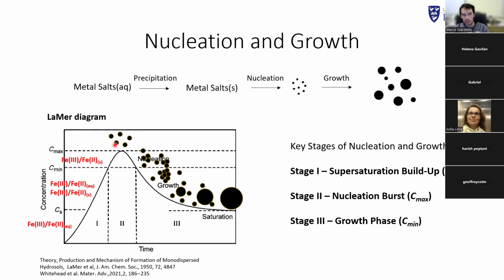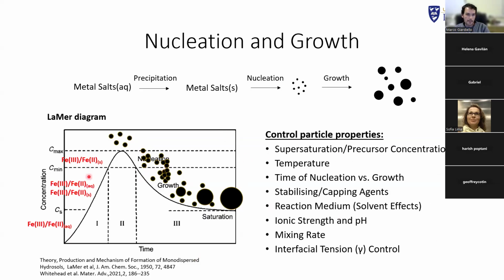You would get loads and loads of really small particles, because there's nothing left to diffuse onto that surface, so you limit your growth. Conversely, if this was really slow and the nucleation happened over a long period of time, you would have much more opportunity for growth to occur, and you get much more irregular, larger particles. So by tuning those dynamics, you can tune how you make your particles.